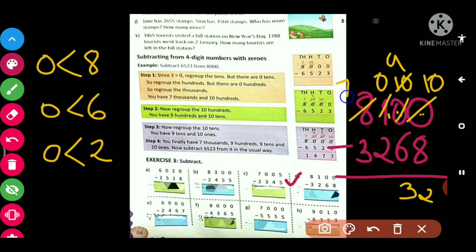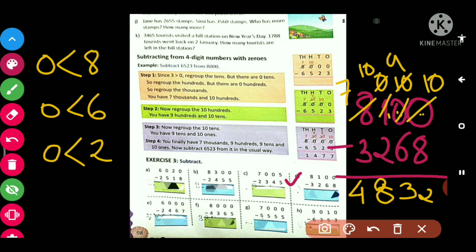So this 8 will now become 7, and this 0, it will now become 10. So 10 minus 2, it will be how much? 8. 7 minus 3, it will be how much? 4. So our answer is what?